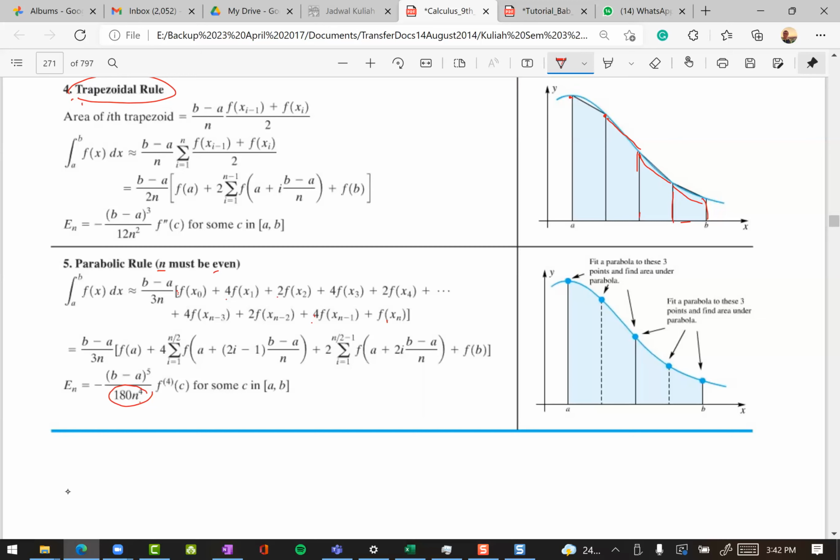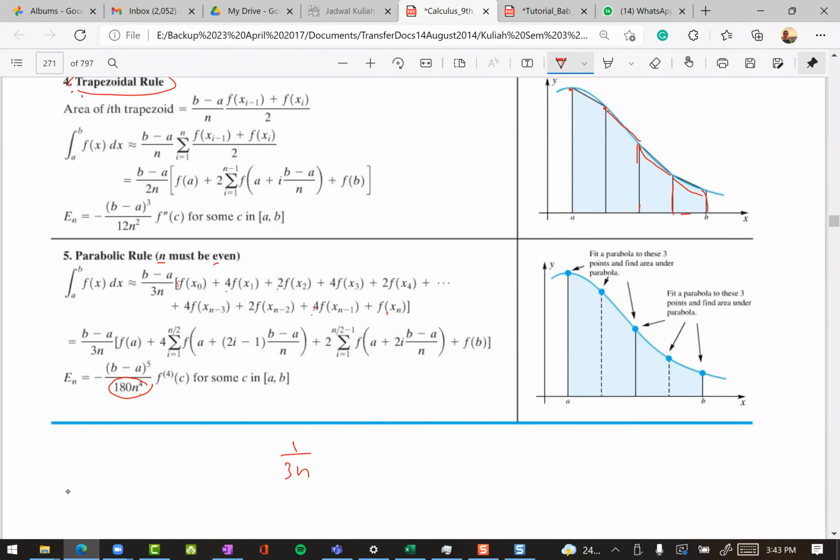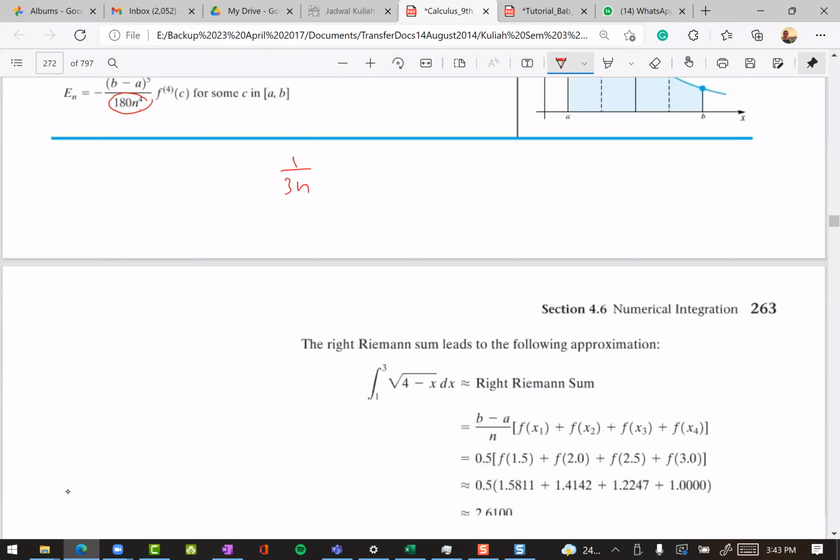Okay. So 1 over 3 times 8, so 1 over 24. Okay, and here the coefficients must be 1, 4, 2, 4, 2, 4, 2, and then the second to last one is 4 and then 1. Okay, so let's see. So it's 1/3.